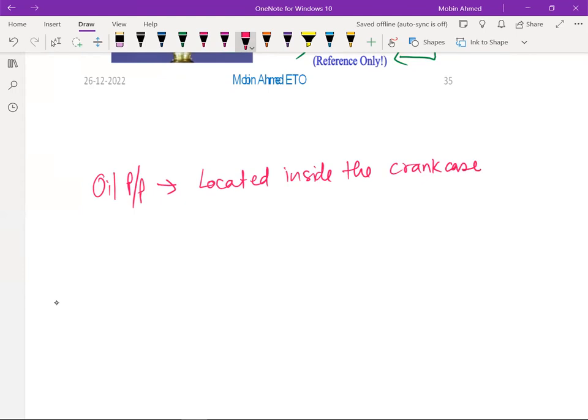The crankcase is already having the pressure, that is the LP. If the suction line is open, LP pressure is already there. Now, when the pump is going to run, there is going to be a pump displacement pressure, pump pressure will be there.